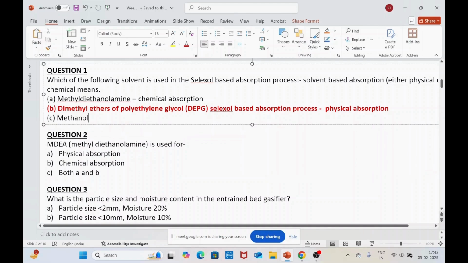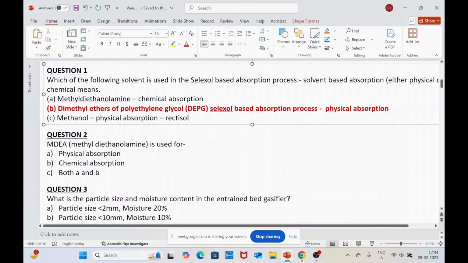The name of the process first. Yeah, the Rectisol process. So this is called Rectisol solvent based absorption, you can say.